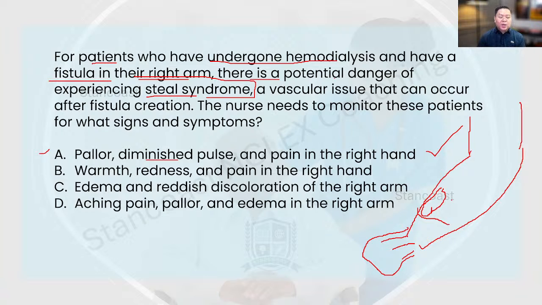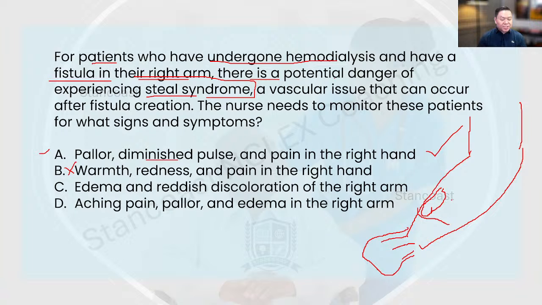And so with the arterial steal syndrome, the affected area will likely be more cold because of the poor blood supply. And also there will be pain because it is associated with the steal syndrome. So the combination of the warmth and the redness is totally going to make the option wrong.